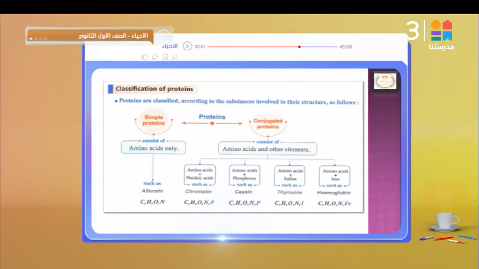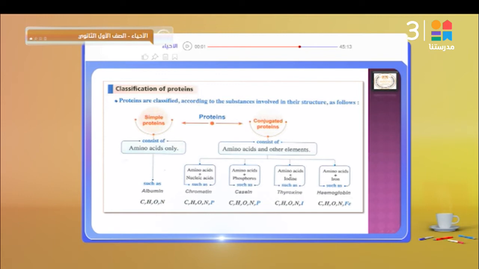We took before lactose. Lactose consists of glucose plus galactose, carbohydrates essential for energy. Number 2, protein, casein: protein plus phosphorus. So the chemical composition is carbon, hydrogen, oxygen, nitrogen, phosphorus.